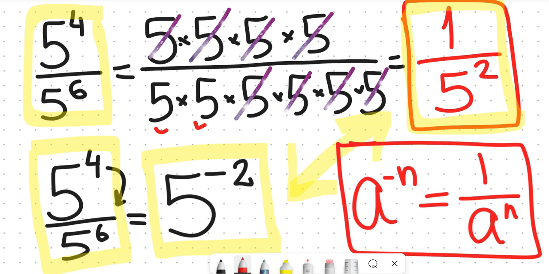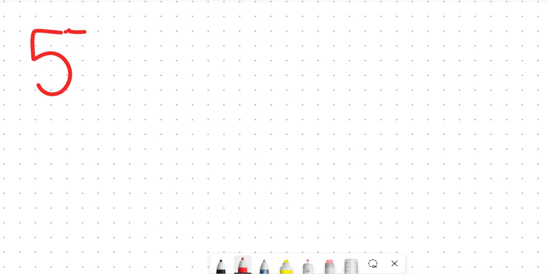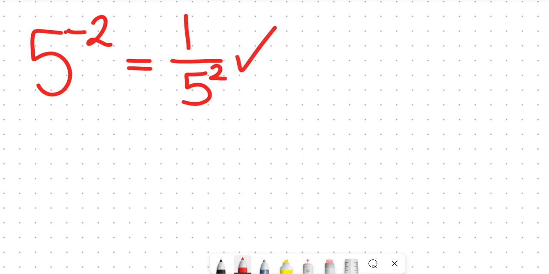So a number to the negative exponent is equal to 1 over a number with the positive exponent. All right, I hope that you took the notes. Let us now start some practice. If we have, for example, 5 to the power of negative 2, what we do is 1 over 5 to the power of positive 2.